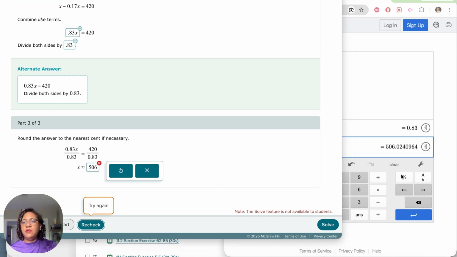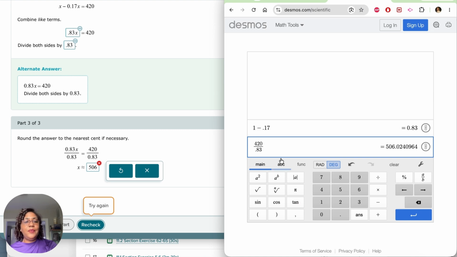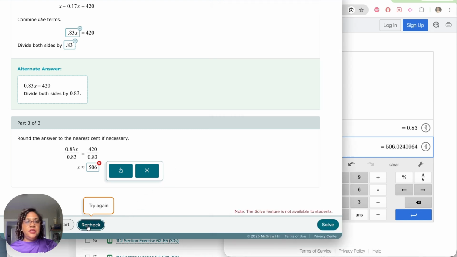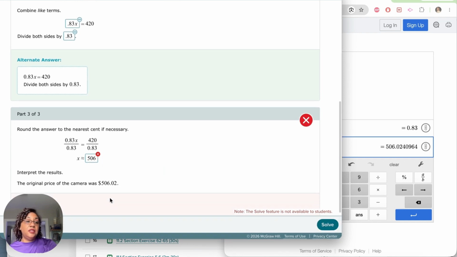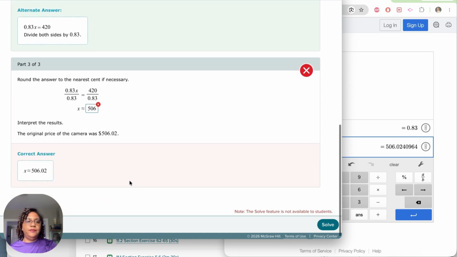I must need to round. So, no. It says round if necessary. 506. That's what I got. 420 divided by 0.83 is 506. So let's see, try one last time. Oh, they wanted the decimal. Okay, so there you go. No biggie.